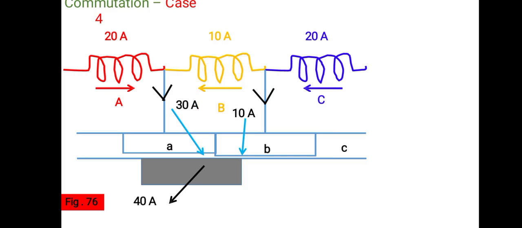So when the brush moves from one segment to the other, current reversal takes place in the conductors. That process is commutation. From case 1 to case 4, the yellow winding current direction has changed. That happens because when the brush moves from one segment to the other, the current reversal takes place in the armature conductors.